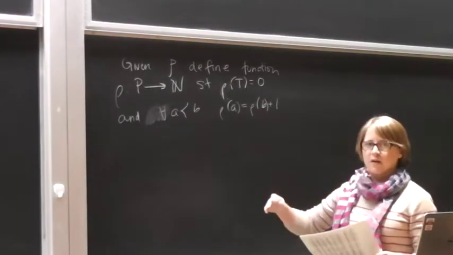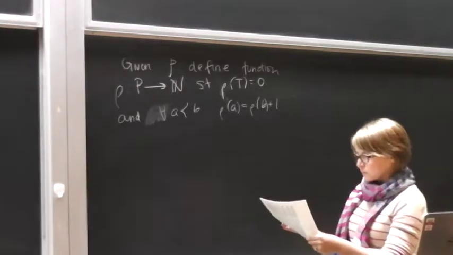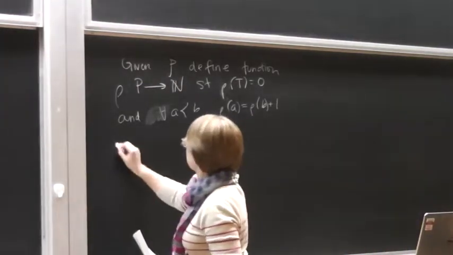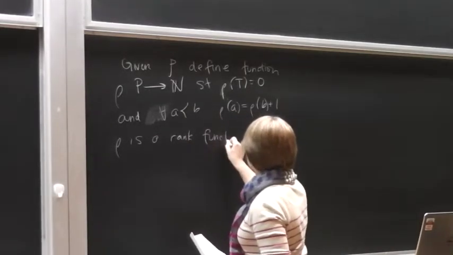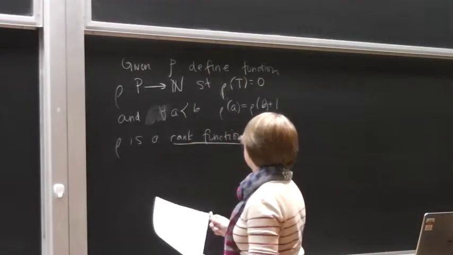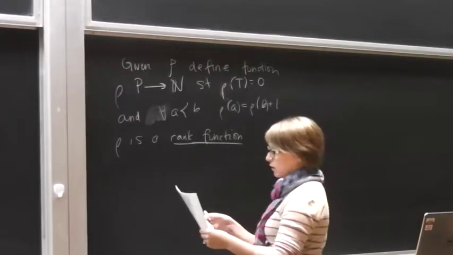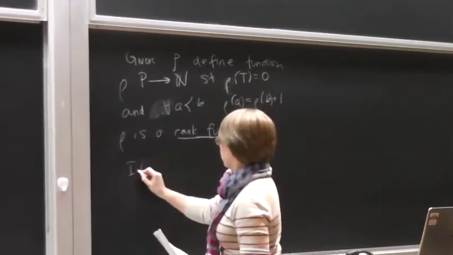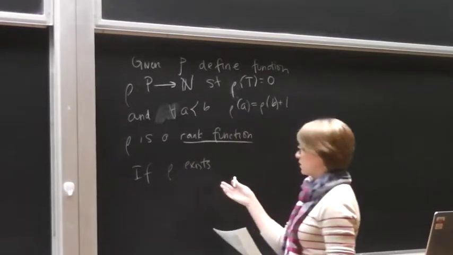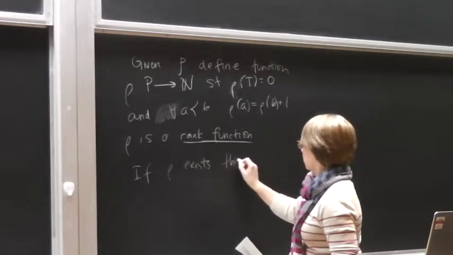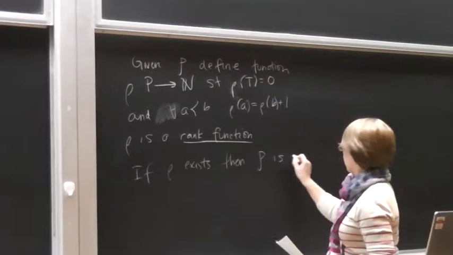So as I move down, I add 1 to everything. And this is called a rank function, because it's kind of uniquely defined. And if rho exists, so you can't always define this, but if it does exist, then the poset is graded.